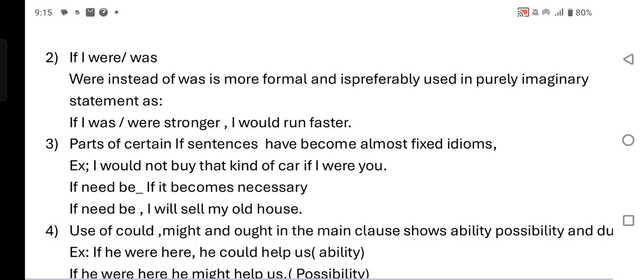I would not buy that kind of car if I were you. If need be, if it becomes sometimes necessary, if need be, I will sell my old house.